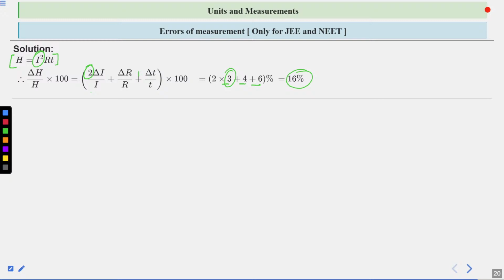Now here one question for you. What is the relative error? This one, the 16%, is the percentage error. Now question for you, what is the relative error?